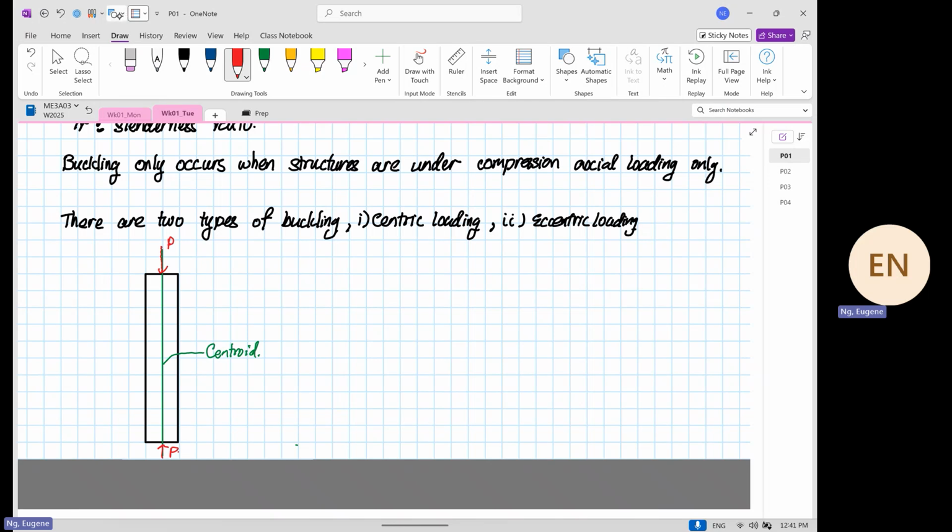Centroid axis. So we'll write P is acting along the centroid. So this is what we call centric loading.